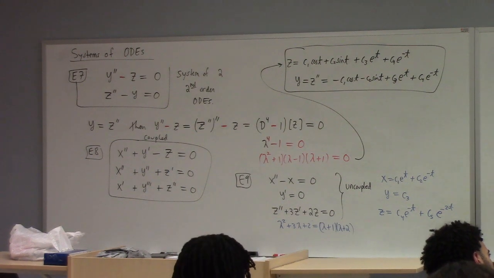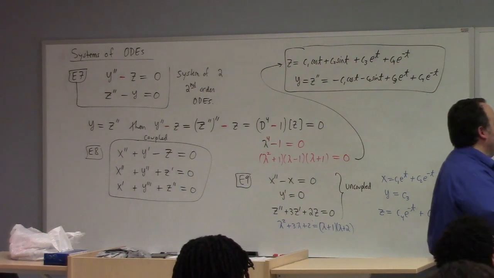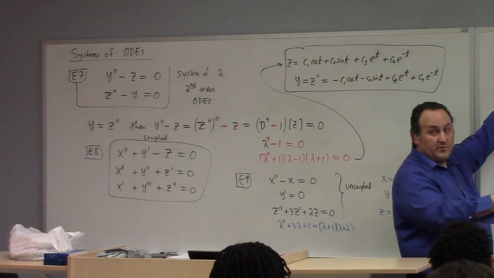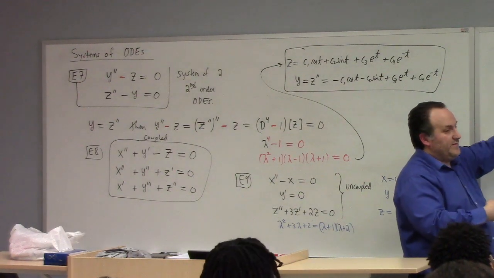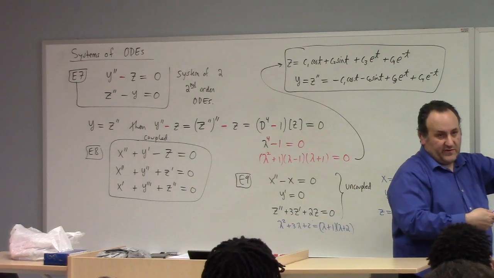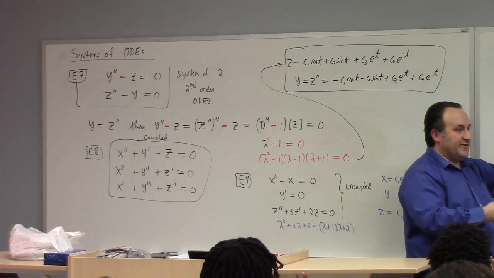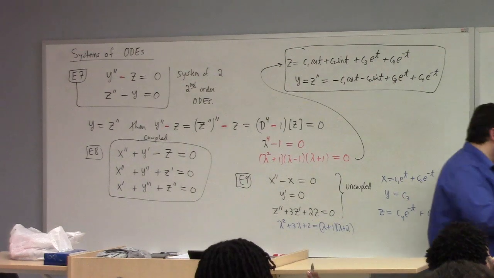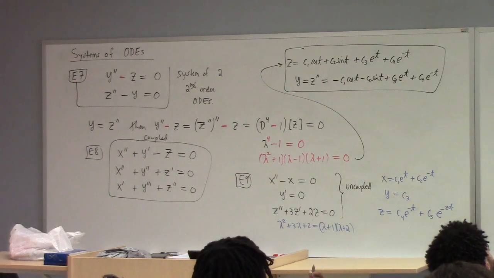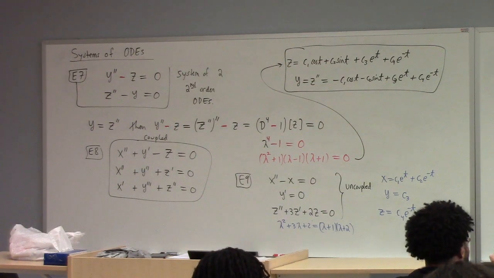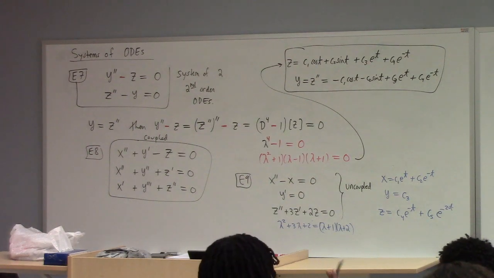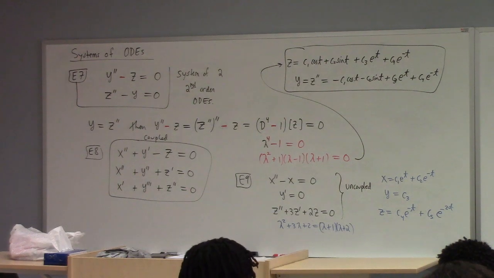So I've rewritten my two second order linear differential equations instead as a system of 4 first order differential equations, and this is what's called standard matrix form. We can rewrite it like this: dx/dt equals A times x, where this is a vector x, and this, of course, is the vector dx/dt.